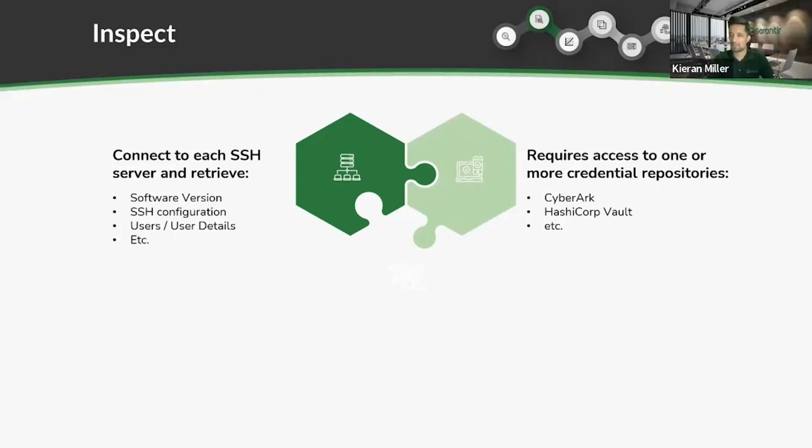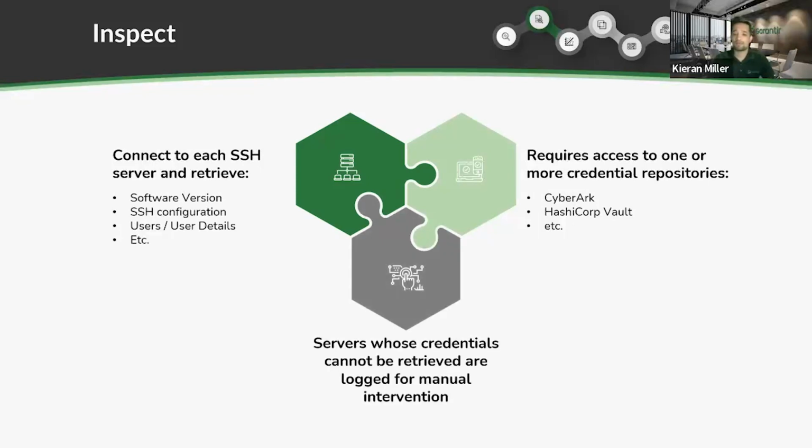So typically, these are things like CyberArk, HashiCorp Vault, things that are currently used to store credentials. These are your typical secrets managers that export credentials to the client. So you want to connect to these, pull the credentials down, use them to dynamically authenticate and do the inspection step. And then servers whose credentials cannot be retrieved programmatically, you basically log those for manual intervention.